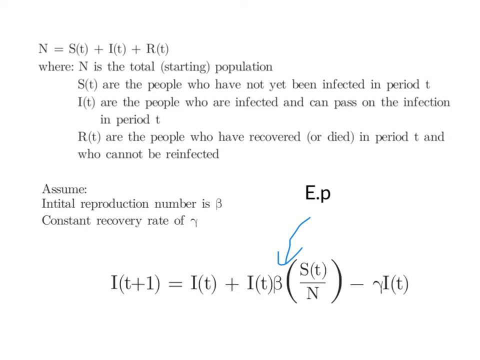That's one of our assumptions, cannot be reinfected. So the likelihood of you infecting someone, if you're infectious today, is going to be beta, the number of people you'd bump into, times the probability that you infect one of those people, times the fraction of a population that is susceptible to the disease.